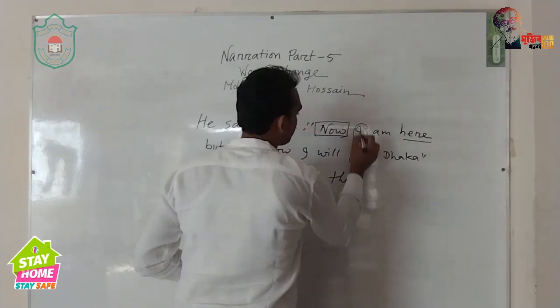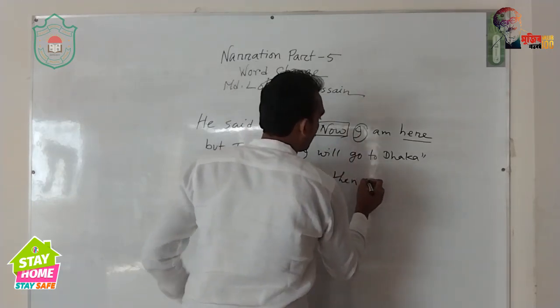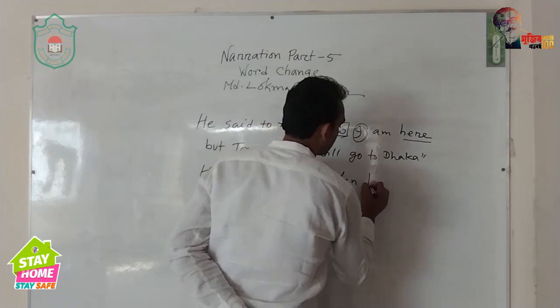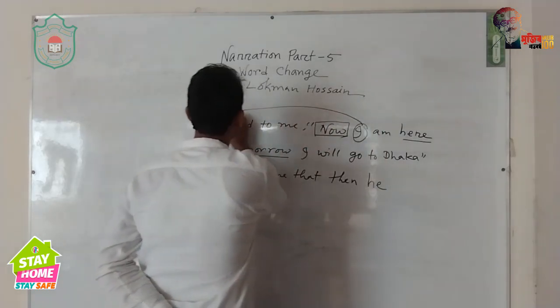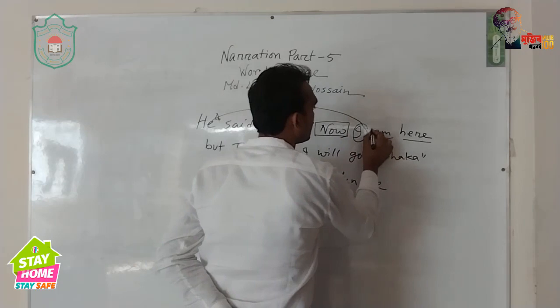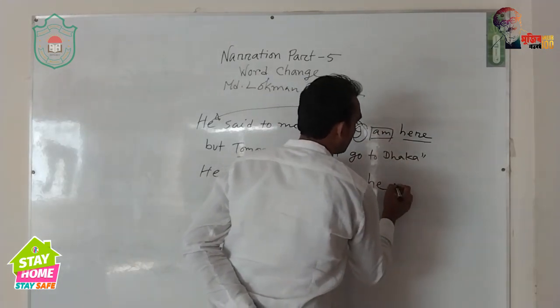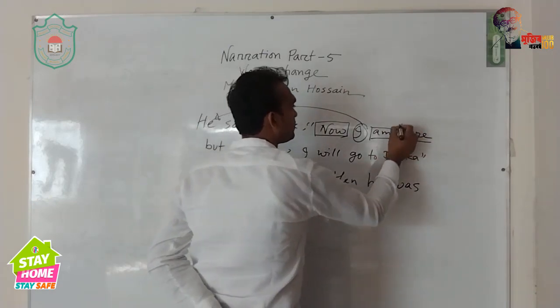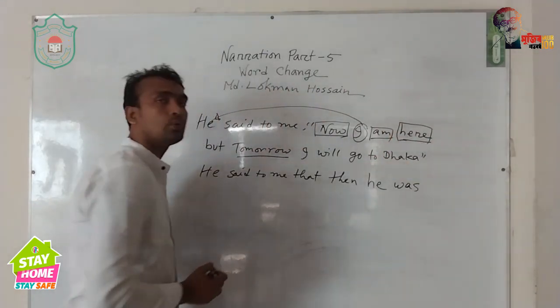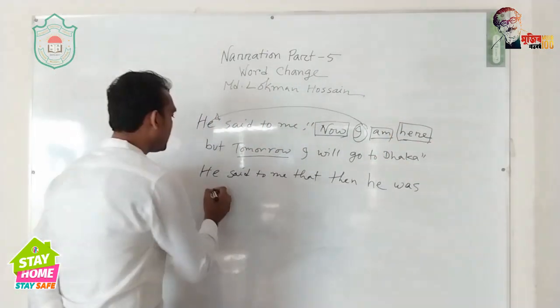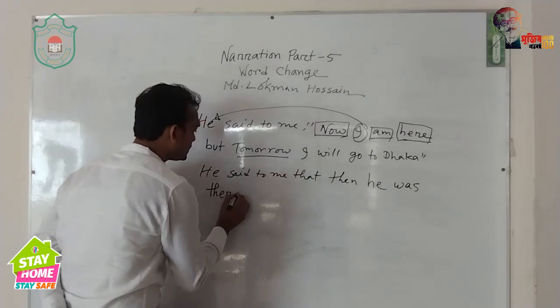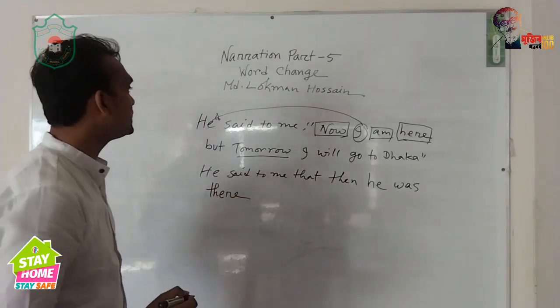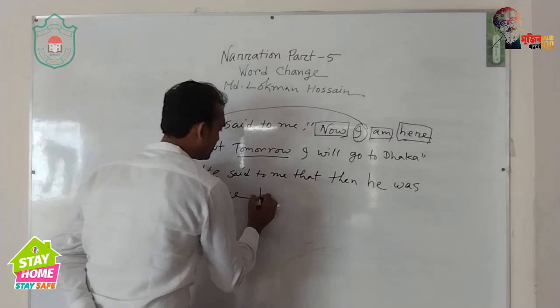Then I, the first person, goes to the subject he. In the place of am, we use was, so he was here. In the place of here, we use there, so he was there. But has no change.